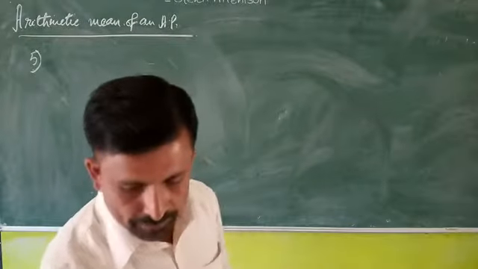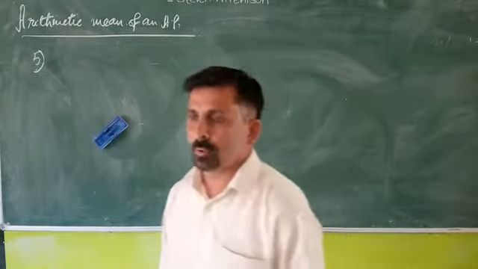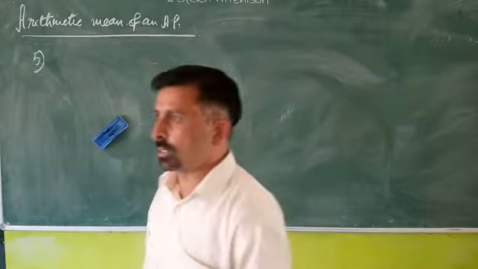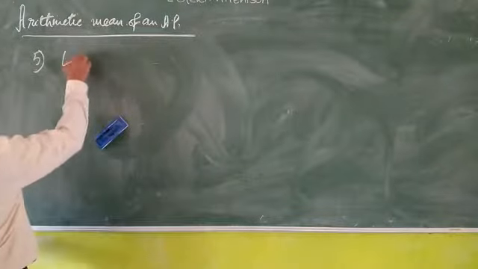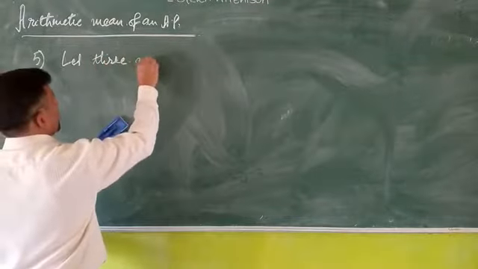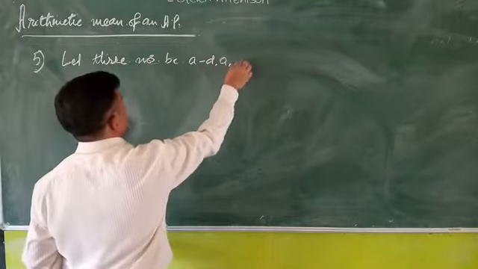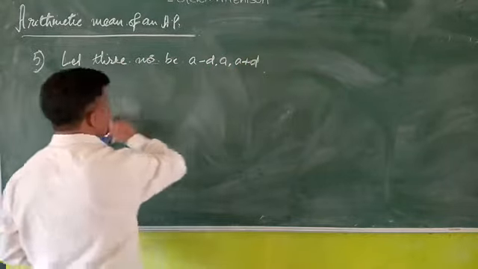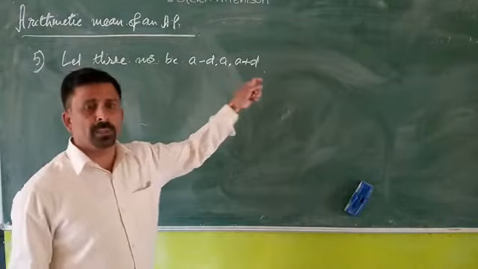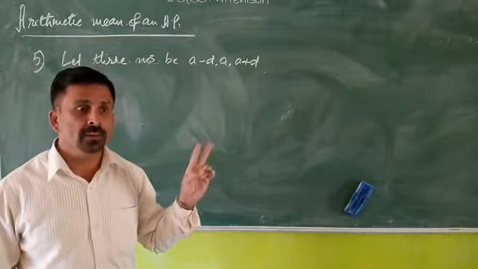So question number 5 is about 3 terms. Without reading the instruction, first of all, I can assume the terms. Let the 3 numbers be A minus D, A and A plus D. Here we also need to know that in the assumption for 3 terms, we are using 2 variables.